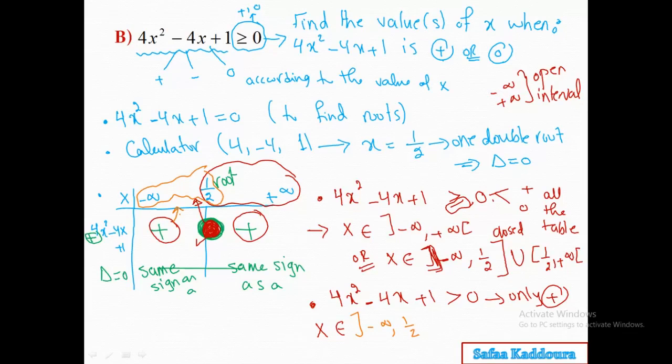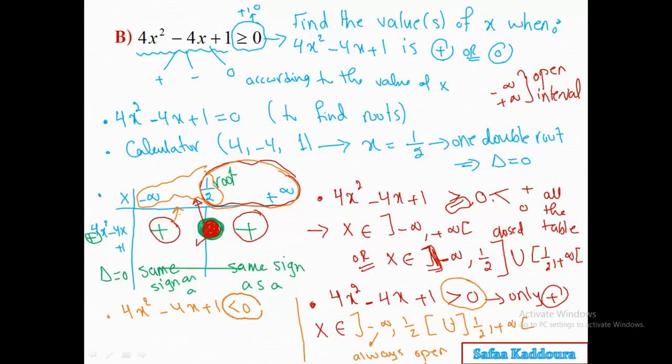At minus infinity, always open. At half, because I don't have or equal here, only greater than, I will open it. Union, the second positive sign from half to plus infinity, and open interval.